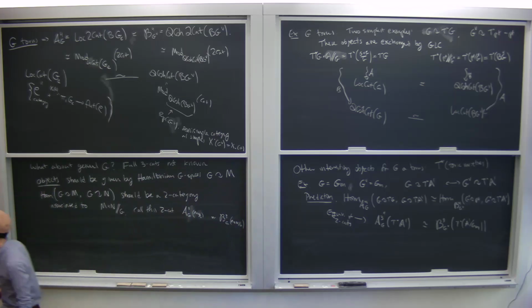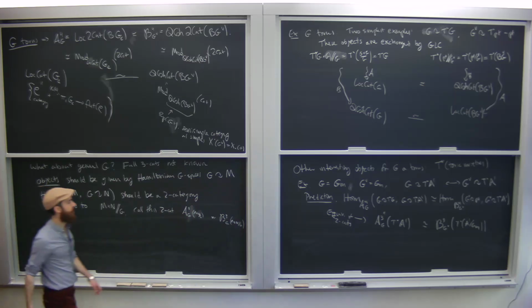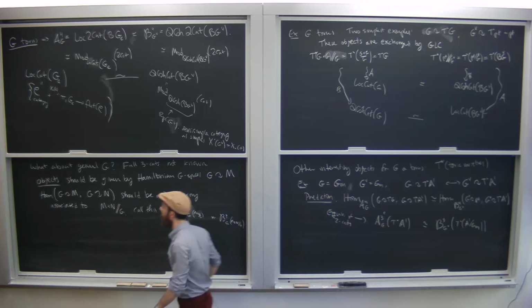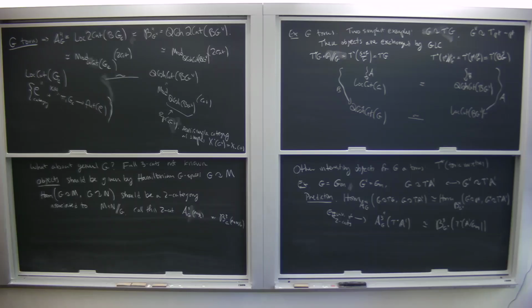The reason why I want some richer two categories is that, for instance, on the A side, whatever I'm doing, I want it associated to T star A1. But if I were to just study local systems of categories on the base of that cotangent bundle, like I did before, well, first of all, this two category would be kind of stupid.